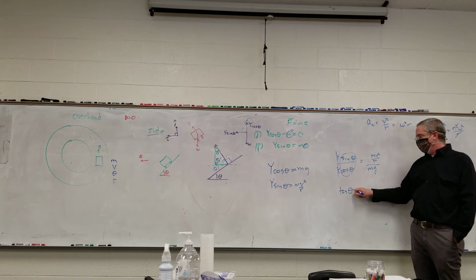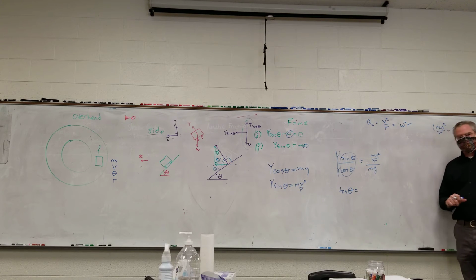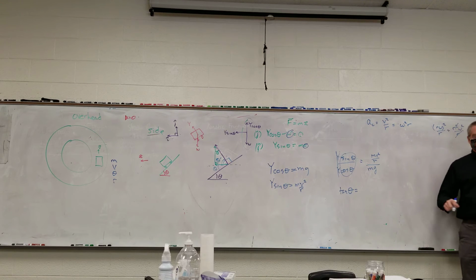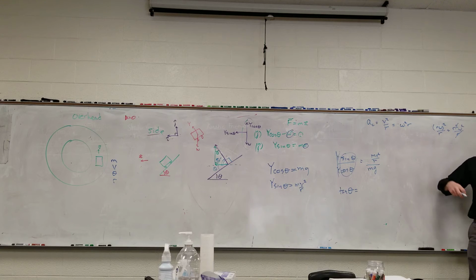And then over here, what does this simplify into? Get back into the fraction mode. I'm dividing one fraction by mg. What do I get?